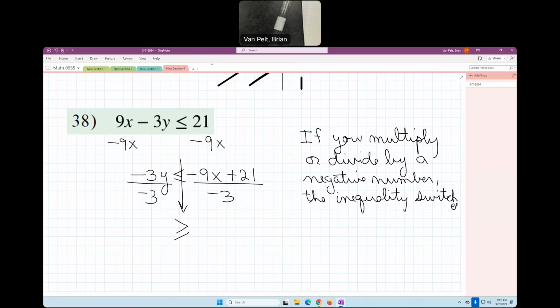Couldn't put it all in there. So the inequality switches, that's what you need to know before you leave here tonight. So I got my y is greater than or equal to this time. Now remember, when you break this up, I'm gonna have negative 9x over negative 3, so I'm gonna have a positive 3x minus 7.